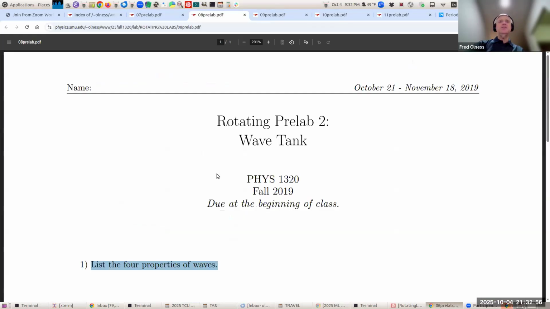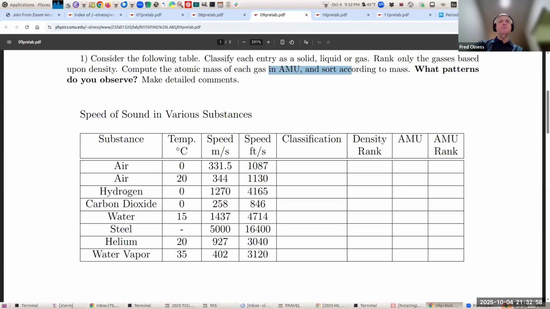But in gaseous form, it's a diatomic molecule, H2. So hydrogen is 1, but they bond together as 2 hydrogens. So 1 + 1 is 2. The AMU for that is 2.